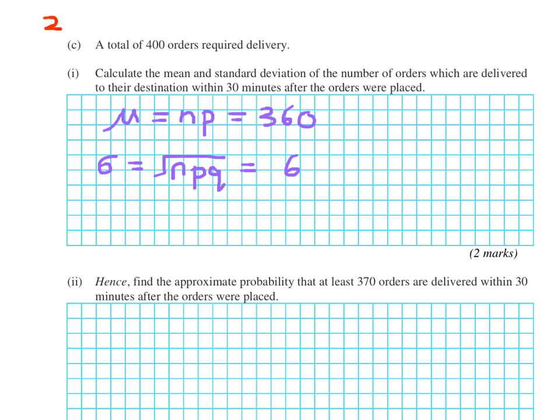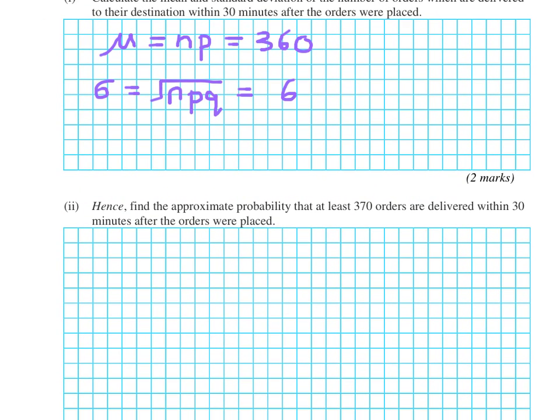And then to do part 2, the random variable will be distributed normally with 360 mean, of course, and 6 squared, the square of the standard deviation.